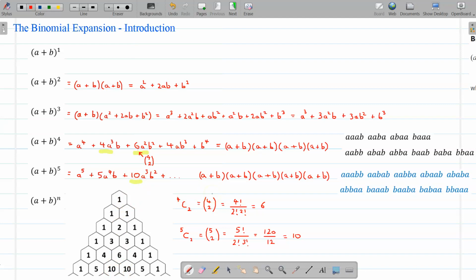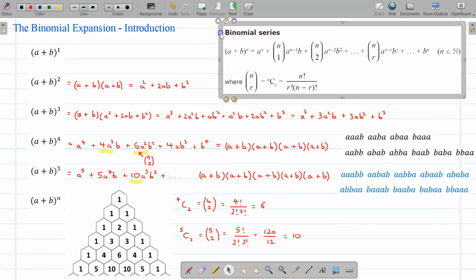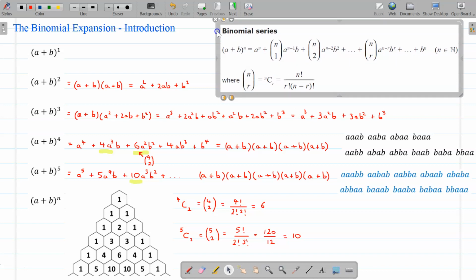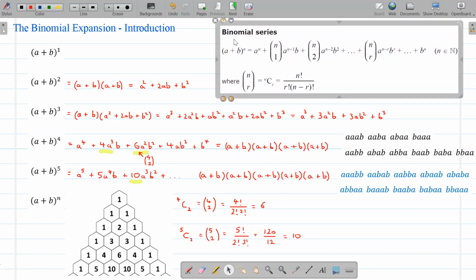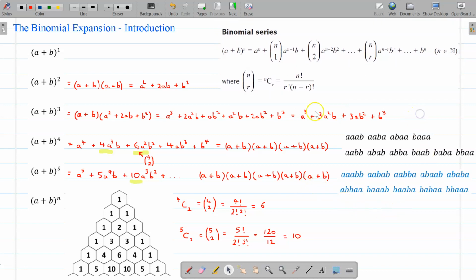Okay, so that's an introduction to combinations and the number of ways of arranging a certain number of things within a larger group. Now, there is the general formula for the binomial expansion, which appears in the A-level formula booklet, and you just need to be familiar with that.